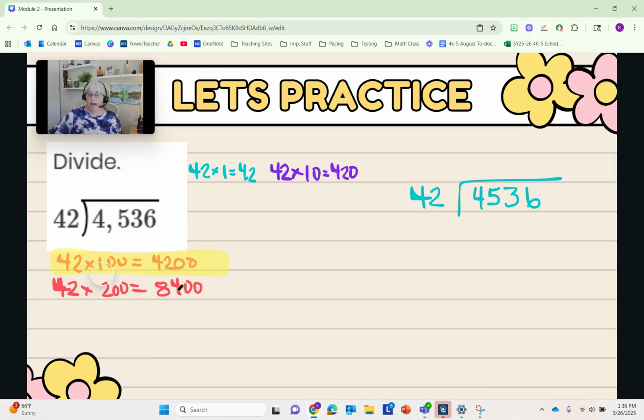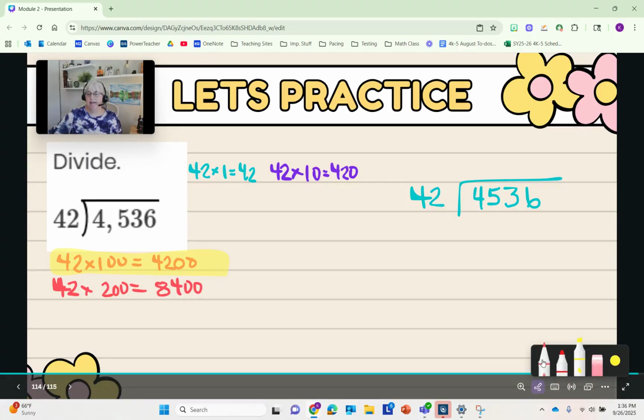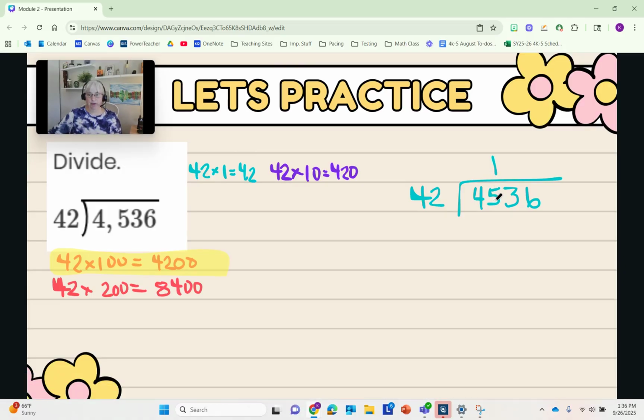So the 1 in 100 is in the ones place. So I need to make sure that I put it above the 5, because the 5 is also in the hundreds place. 100, because this 1 actually represents 100, times 42 is 4,200.